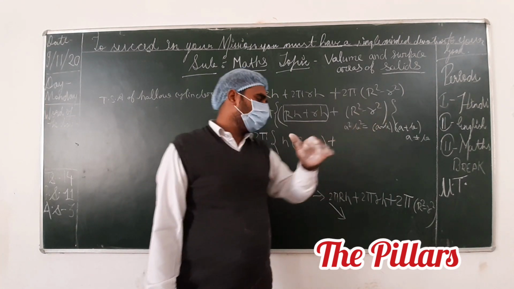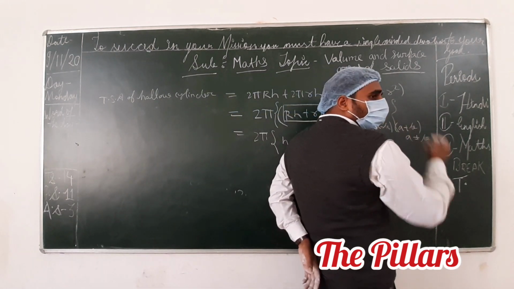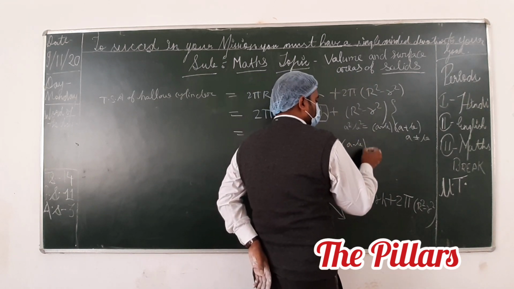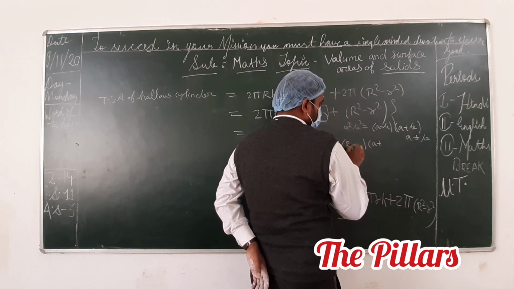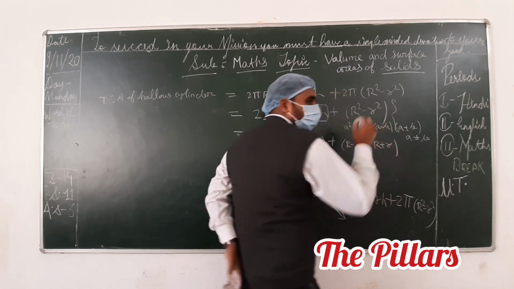Okay, apply the formula A square minus B square equals A minus B into A plus B. This is capital R minus small r and capital R plus small r.